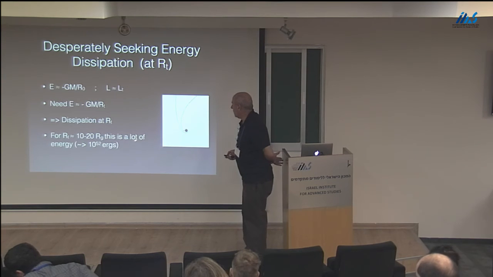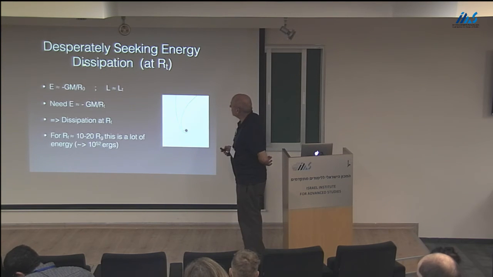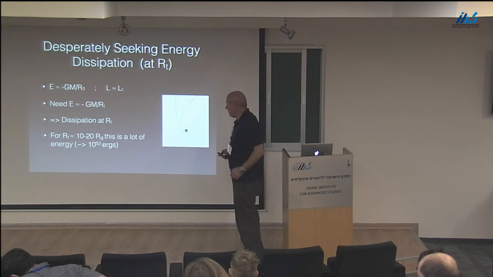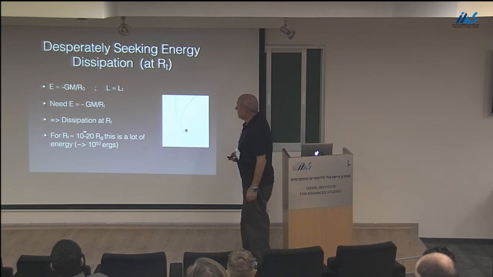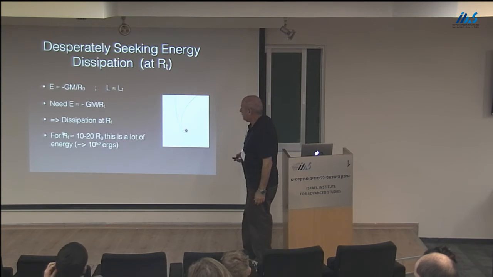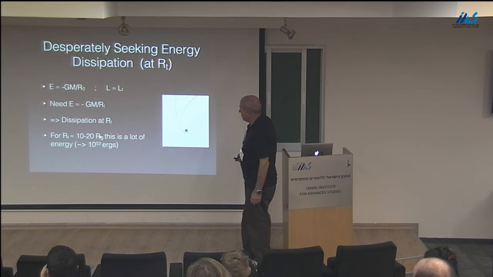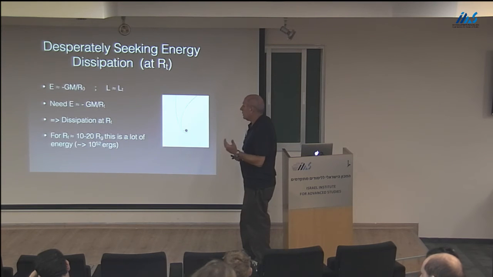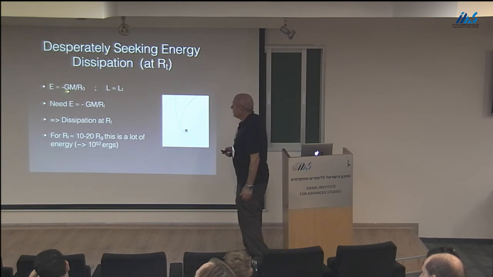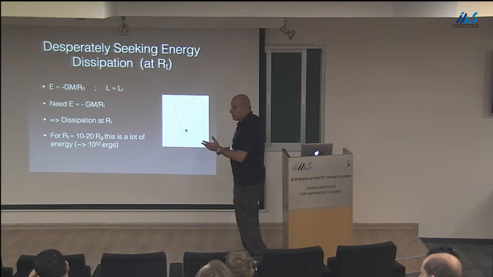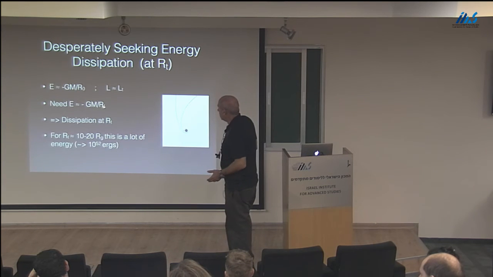But let's see how much energy I will get from this energy dissipation, and this was already mentioned in one of the talks here. If you want to form a disk around RT, which is 10 to 20 gravitational radii, then you need to dissipate GM over RT. The initial energy of the matter is GM over R0, which is practically zero compared to that.